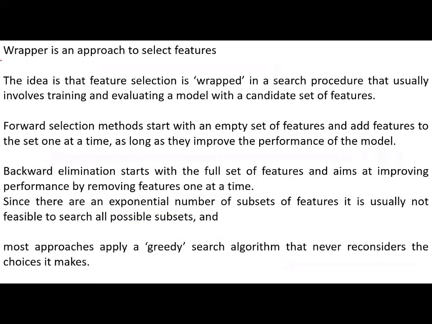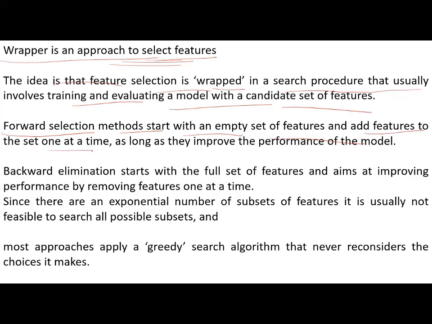Now, wrapper is another approach to select features. The idea is that feature selection is wrapped in a search process that usually involves training and evaluating a model itself. Forward selection methods start with an empty set of features and add features to the set one at a time as long as they improve the performance of the model.